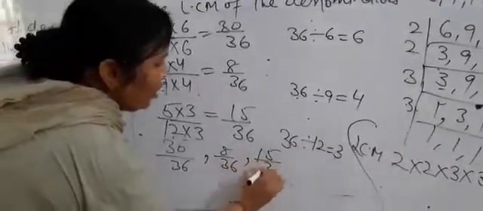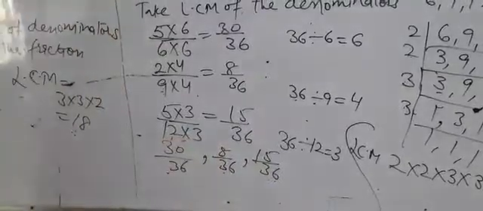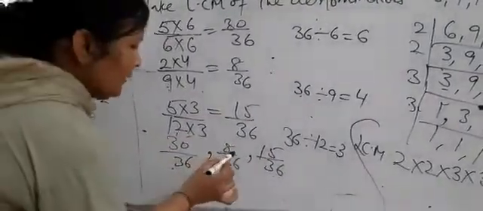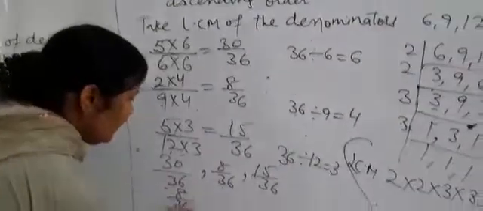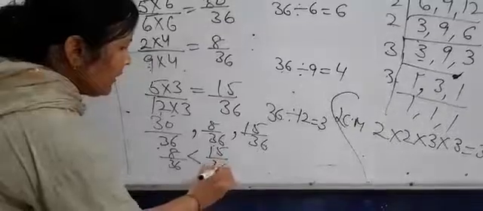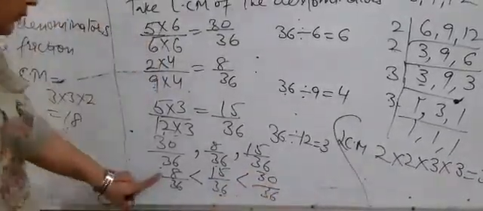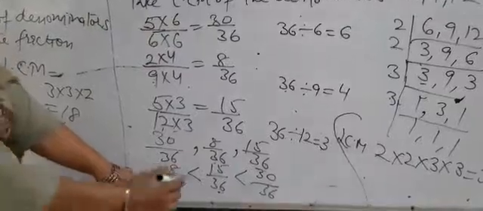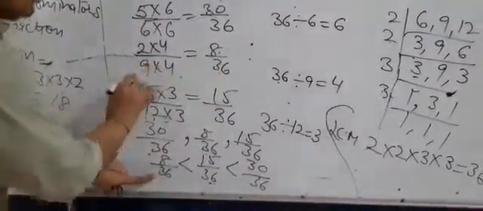Now you have got all the like fractions with equal denominators. Now comparing is very easy. Which is smaller? This one is smaller, and this will be written here. This is less than, its turn 15 upon 36. Now it's turn 30 upon 36. Actually, what was 8 upon 36? 8 upon 36 was actually 2 upon 9.